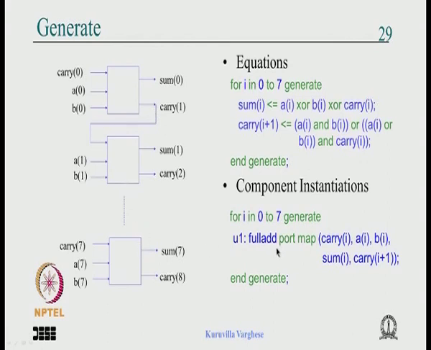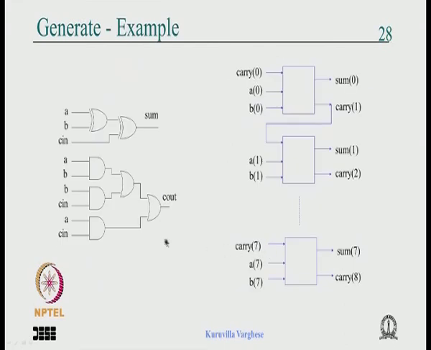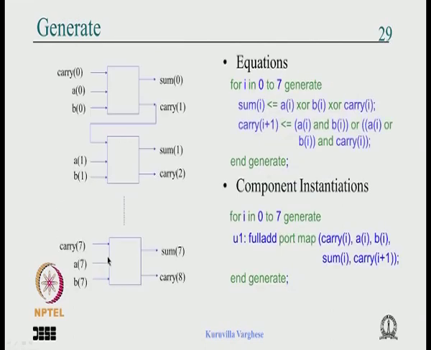Now with regard to component instantiation, you write an entity and architecture to implement this, but now you write a top level code. I suggest you write the code with a component declared as a full adder, this particular full adder we have written. Then you define a signal called carry, which is 9-bit.